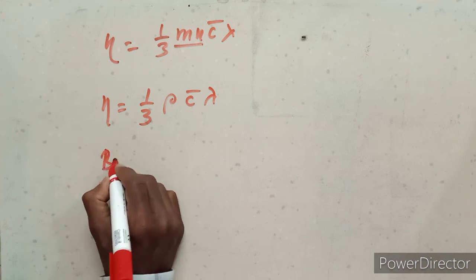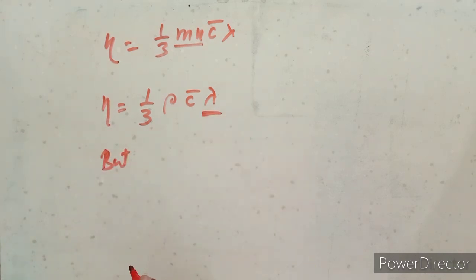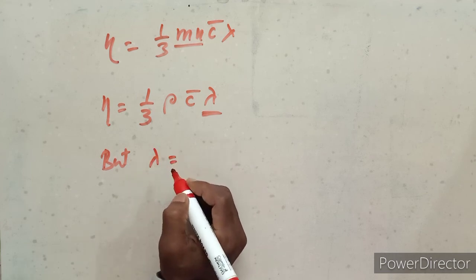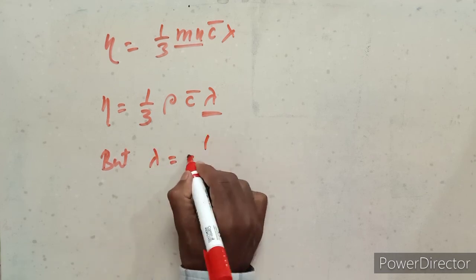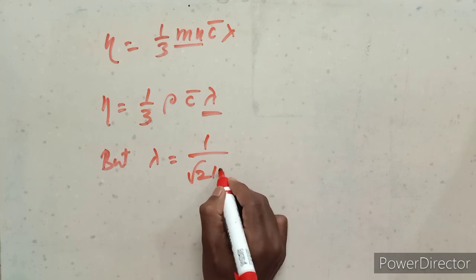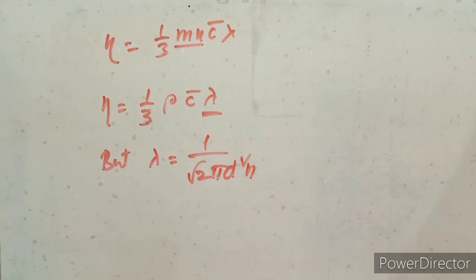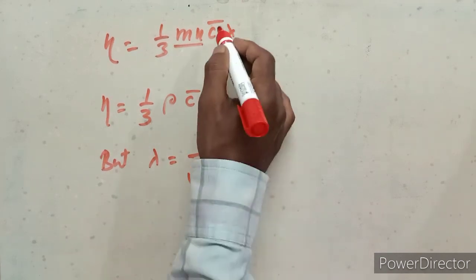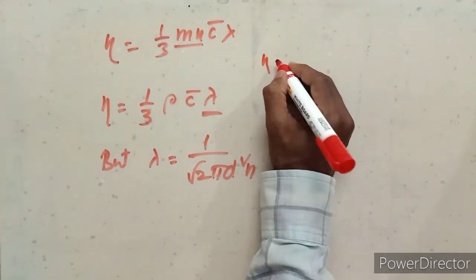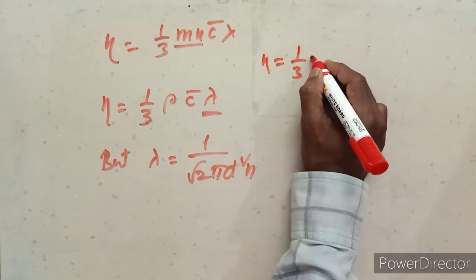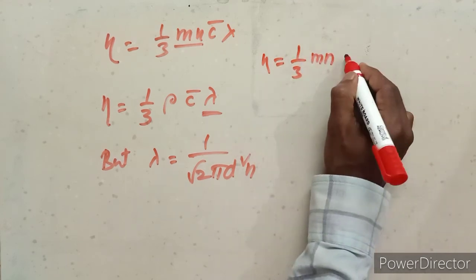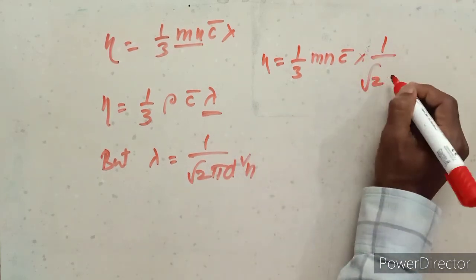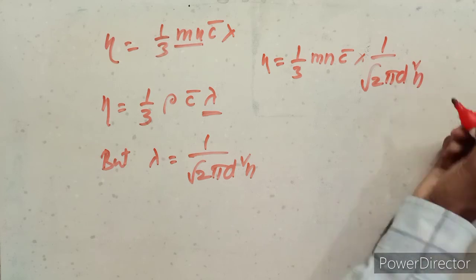Here lambda is the mean free path. By Maxwell's consideration, the mean free path is 1 upon root 2 pi d square n. This equation is substituted in this equation: eta equals 1 upon 3 m n c bar, where lambda is 1 upon root 2 pi d square n.